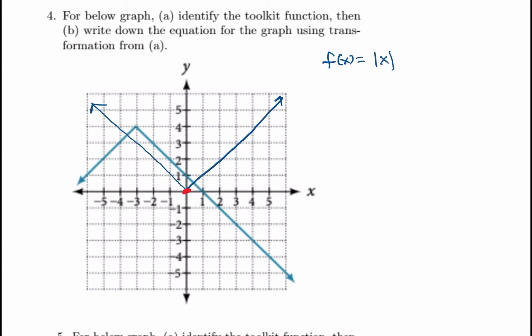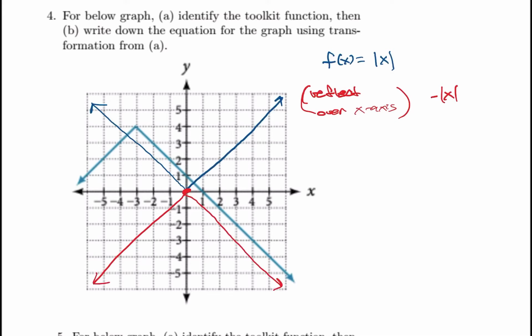So let's reflect over the x-axis. That means we have negative absolute value of x. So then I have this graph right here now.